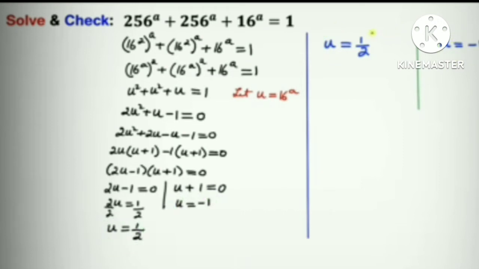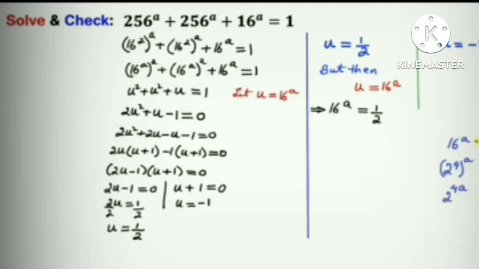And now let's focus on u equals 1 over 2. But then we know that u equals 16^a. So therefore we can write this one as 16^a equals 1 over 2. And now let's focus on 16^a. Here I copy down 16^a, and we can see that 16 could be written as 2 power 4.